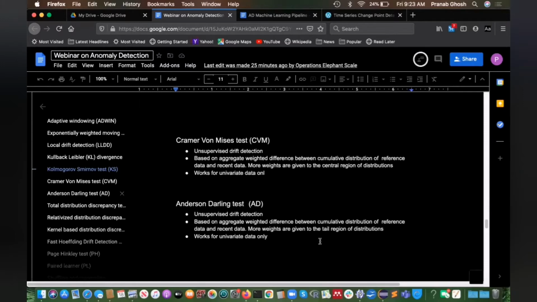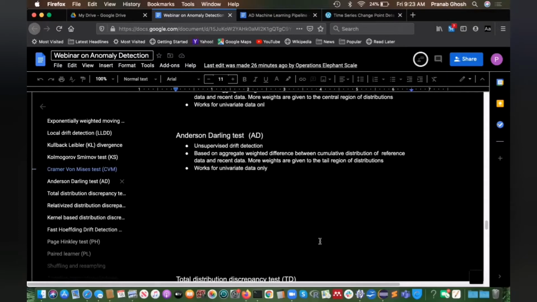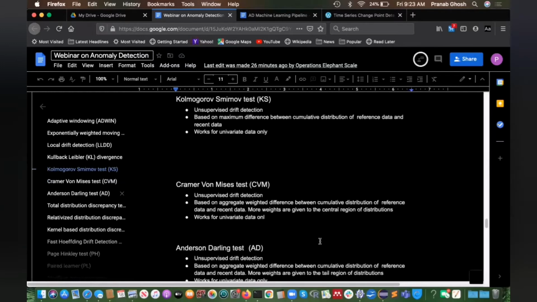Cramer von Mises, CVM. This one is also based on cumulative distribution, except that it takes a weighted difference between the cumulative distributions, where more weight is given to the central region of the distribution. This one is also based on cumulative distribution. It takes a weighted difference between the two distributions, and in this case, more weight is given to the tail region of the distribution.